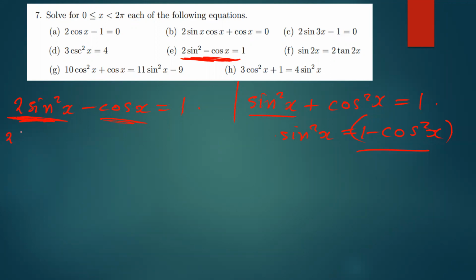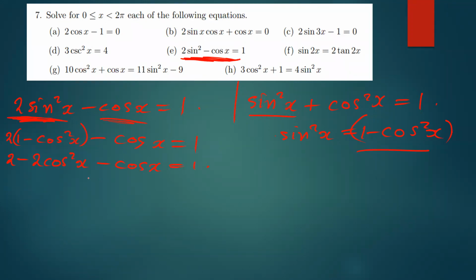Hence, I'll have an equation which will look like this: 2 times 1 minus cos squared x in brackets, and then minus cos x is equal to 1. Once you open the brackets, you have 2 minus 2 cos squared x minus cos x is equal to 1.